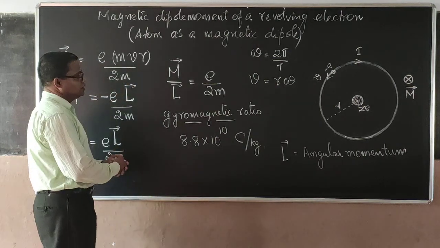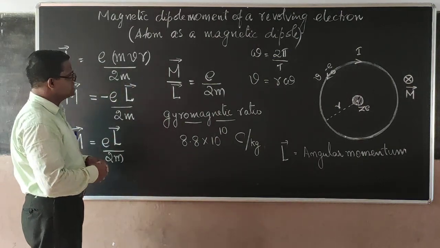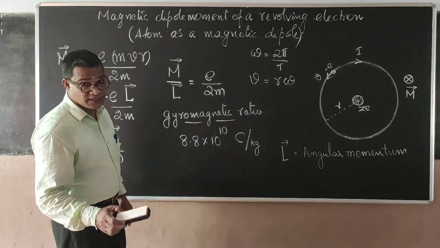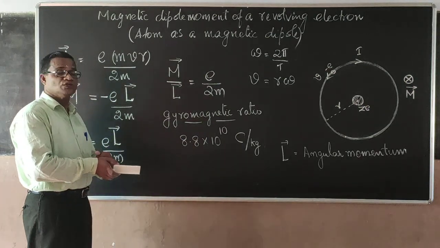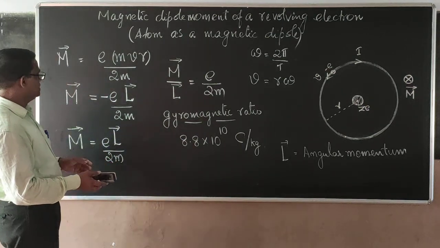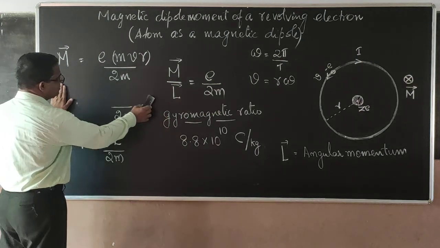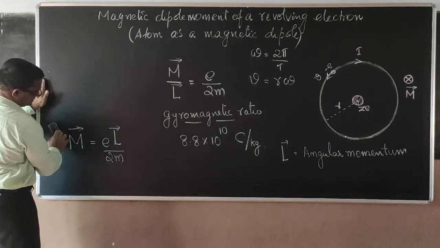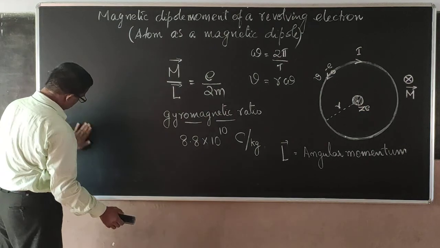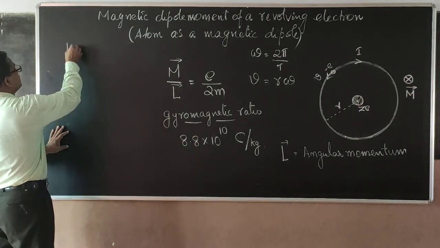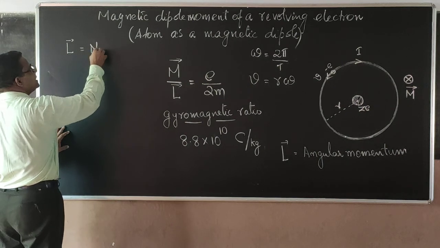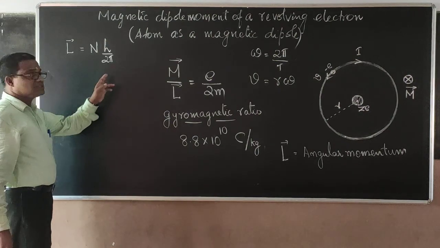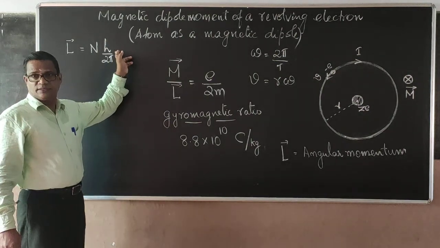Now let us consider the levels into this. According to Bohr's quantization condition, you studied Bohr's postulates, based on them we can have the angular momentum of the revolving electron as quantized, and that angular momentum L will be equal to an integral multiple of h by 2 pi, where h is called Planck's constant.